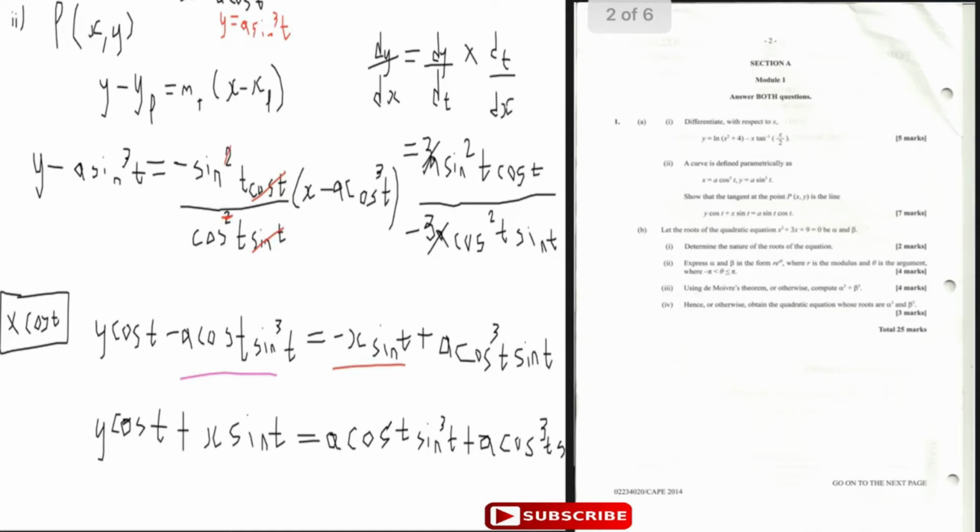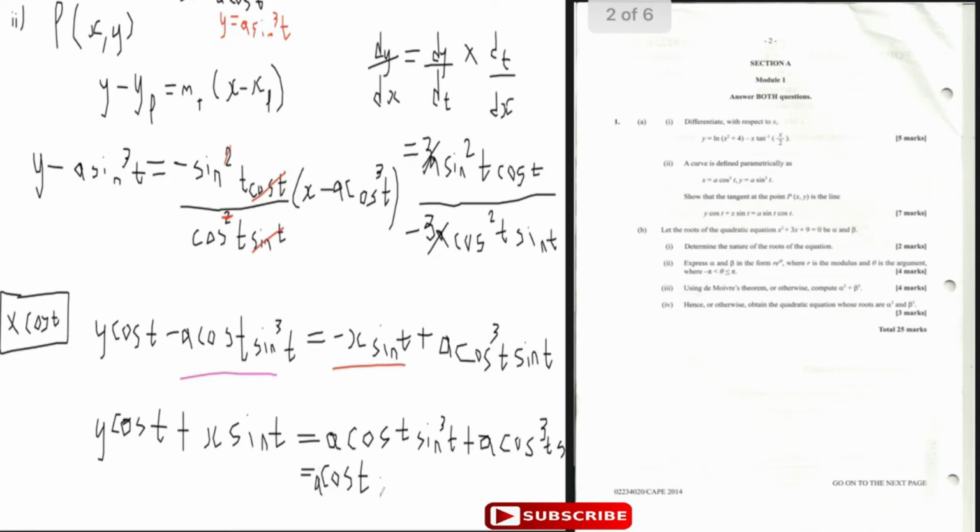All right. So now all we need to do is, as you realize, you have a cos t and a sine t here that we can factor out. Let's factor out a cos t sine t, because both terms have it in common.